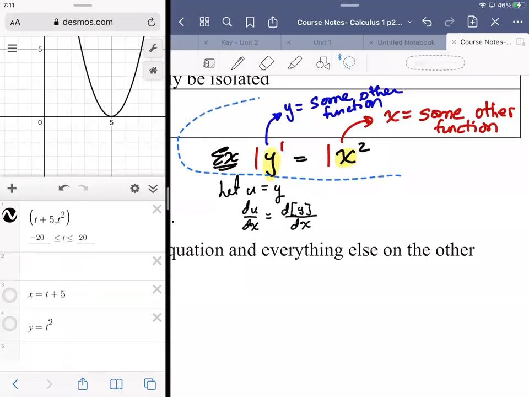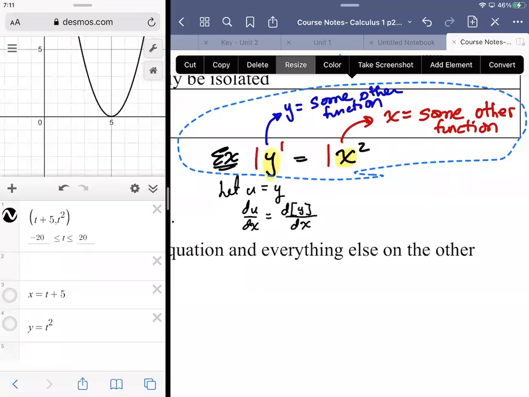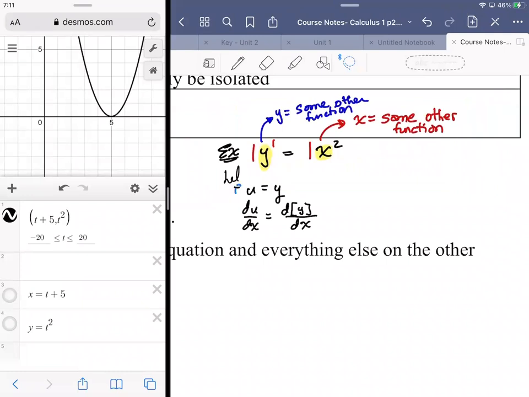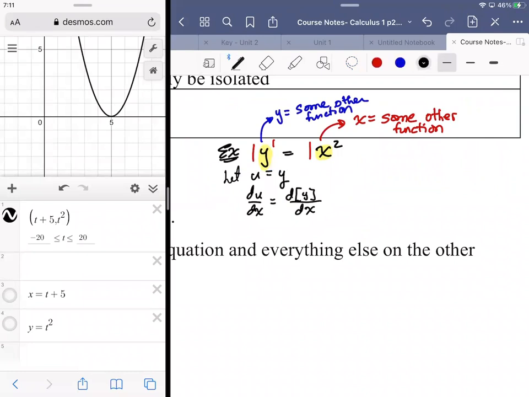So you'd be right in thinking that I didn't really accomplish much of anything, except incorporating even more notation. But that's telling me that du/dx and dy/dx would be the same thing. So when I go to take the derivative here, whatever I'm calling my u, in this case that's the y, is going to have a derivative of just dy/dx.